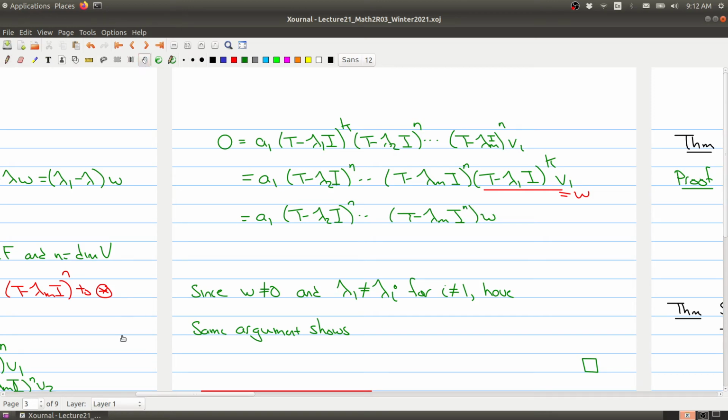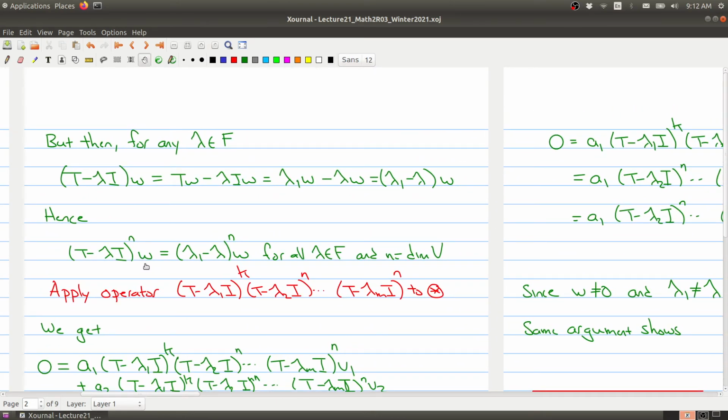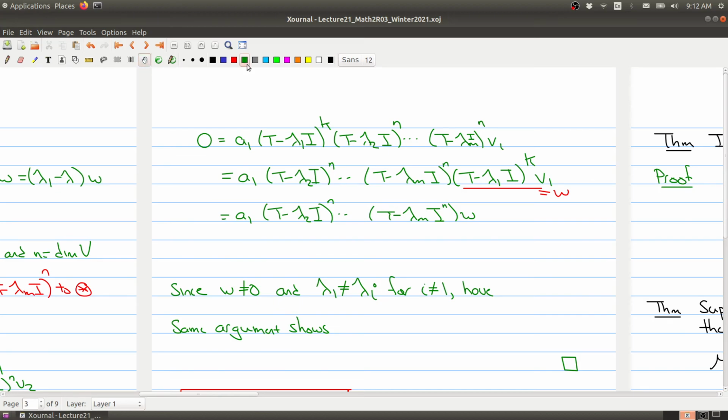But now we can use the identity that whenever you plug w into one of these expressions, you get lambda 1 minus whatever the lambda is. So everything here collapses to a1 times (lambda 1 minus lambda 2) raised to the power of n, and then (lambda 1 minus lambda 3) raised to the power of n, all the way to (lambda 1 minus lambda m) raised to the power of n, times w.